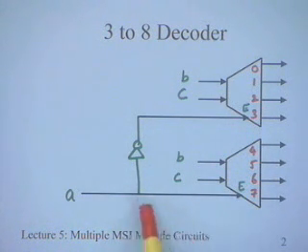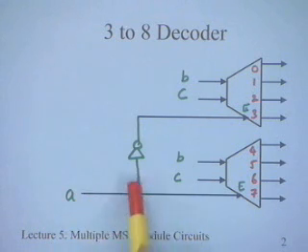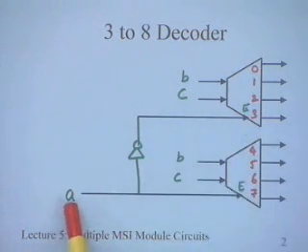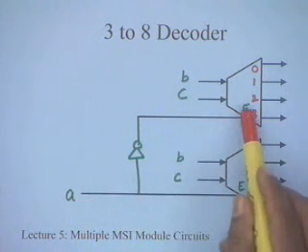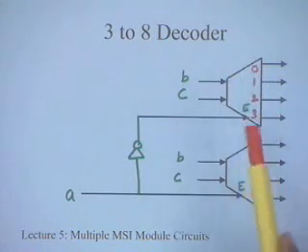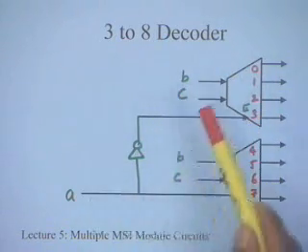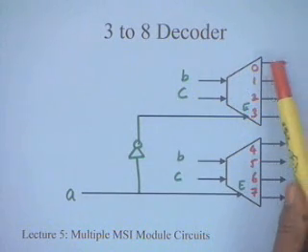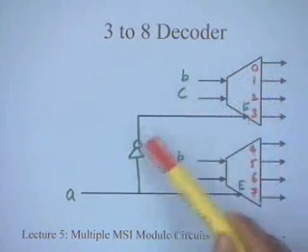This A is complemented and fed to this enable E. So when A happens to be 0, then E happens to be 1, and this decoder is enabled. So for A, B, C equal to 0, 0, 0, this output will be active.